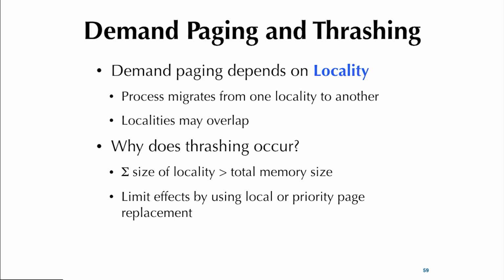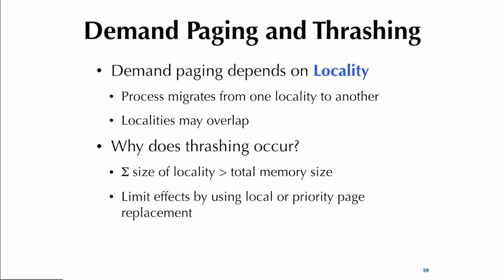The OS probably doesn't have a lot of knowledge other than the fact that you're touching this page or that page, and that's really the indirect knowledge it can get. And so thrashing occurs when the sum of the sizes of your localities is greater than your total memory size. Or you should say, this is actually the sum across different processes, right?